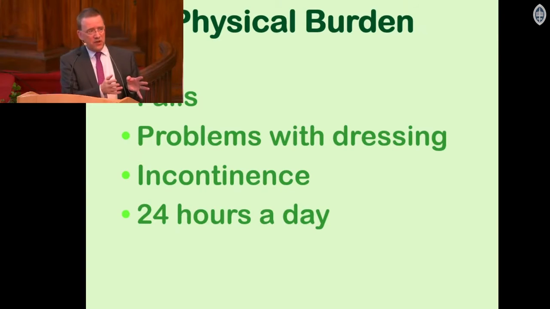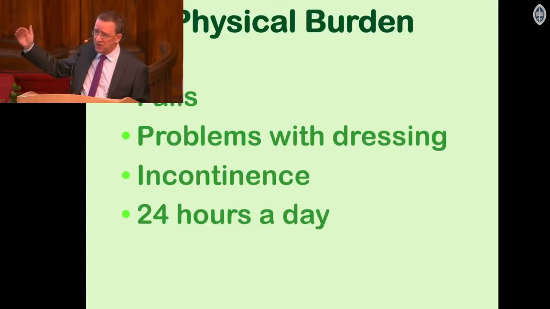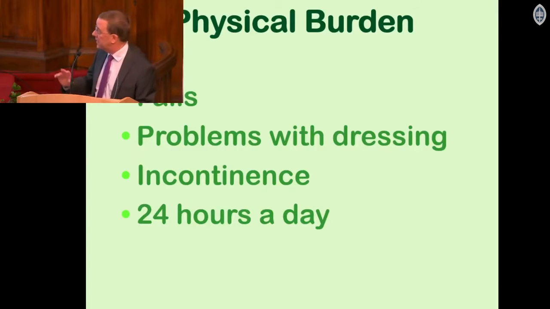You don't get somebody who once was incontinent and now has improved and it's gone away. It's not treatable in that sense. So the physical burden of caring for somebody who needs this level of input 24 hours a day is very hard on people who are living with them and looking after them.